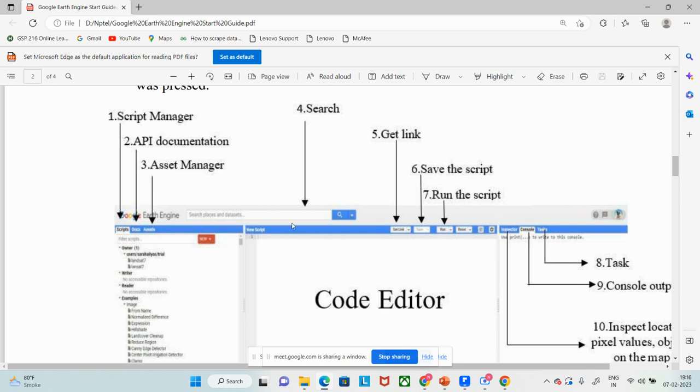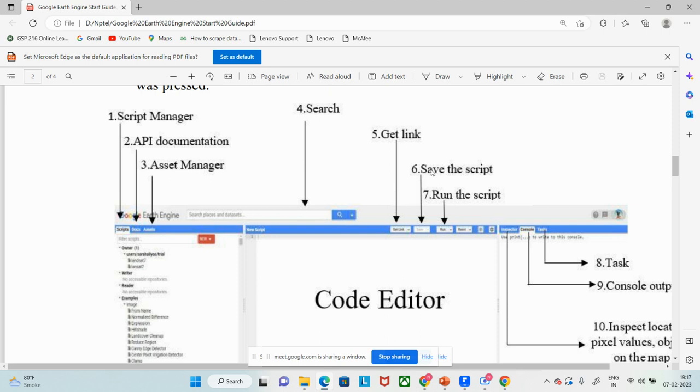And where it is showing search, the fourth part, there we can search what data is available to analyze. There are many sets of data available. Then fifth is get link, meaning if I want to share my code with someone, we can click on get link and send it by mail or something.